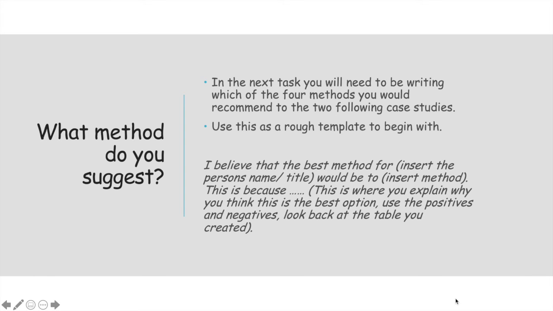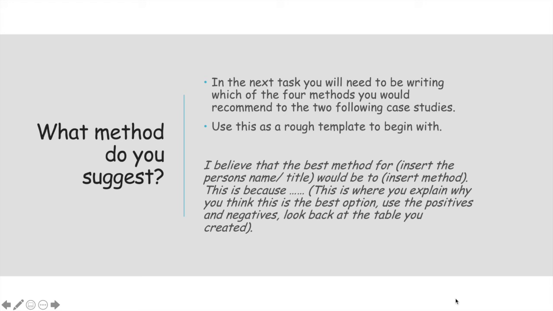Brilliant. So now you're back. What we're going to be doing is, this will be the case study. We're going to look at 2 different people within Bangladesh living in 2 different conditions and having 2 different problems. And you're going to be looking back at your table and you're going to be allocating one of the strategies to them. So in the next task, you will be writing one of the 4 methods as a recommendation to these people.